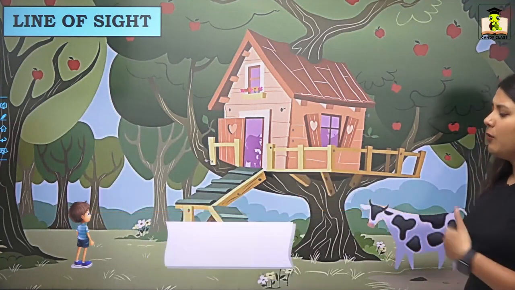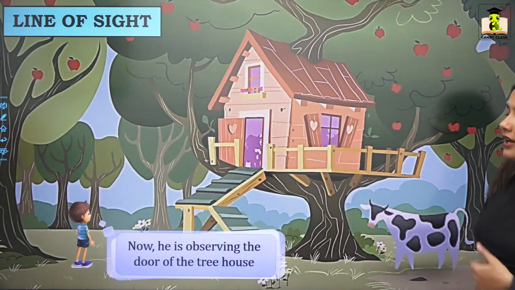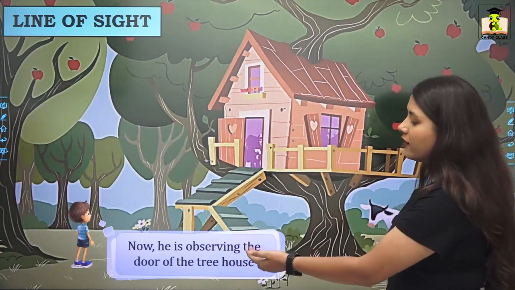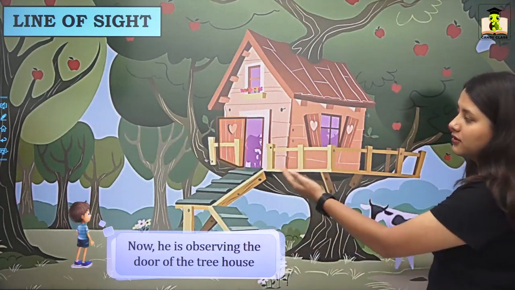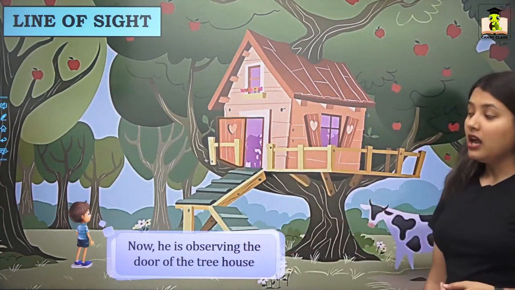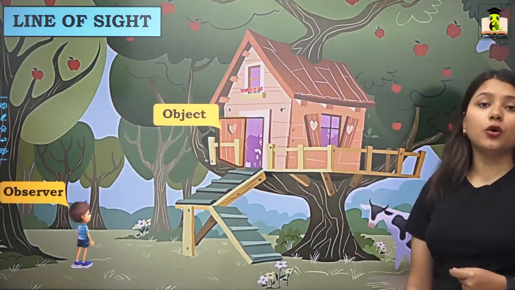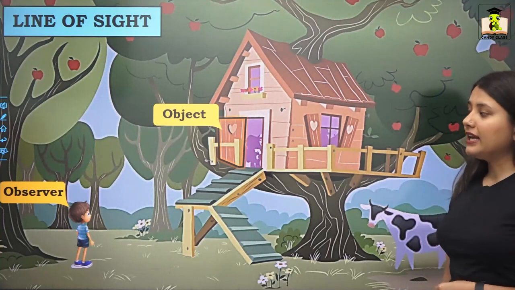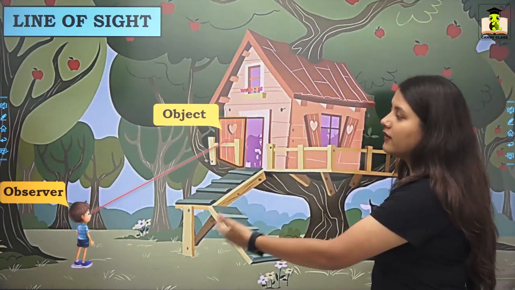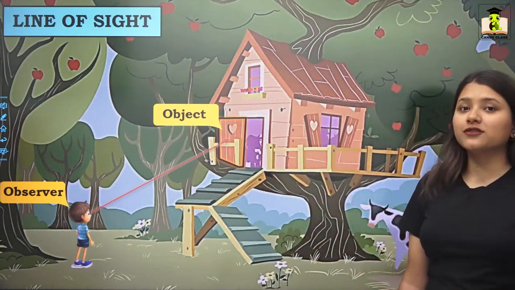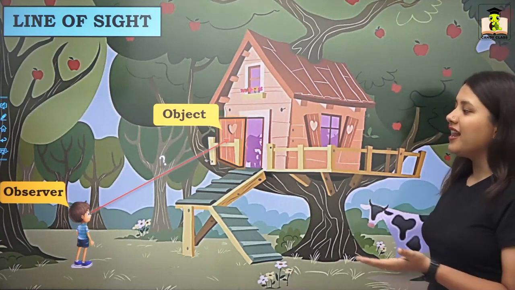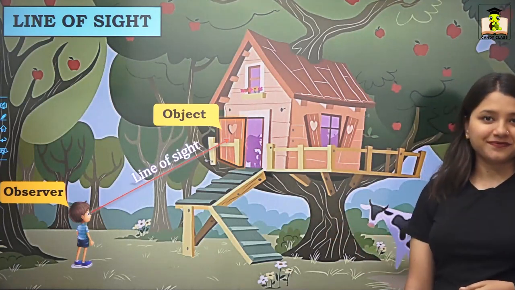Let's take a few more examples. In this case, now he is observing the door of the tree house. Here the observer is Rohan and the object is the door of the tree house. And the imaginary line between the observer and the object is known as what? Is known as line of sight.